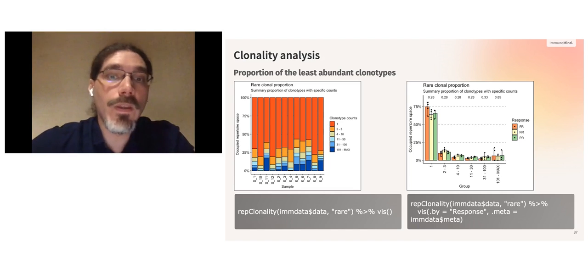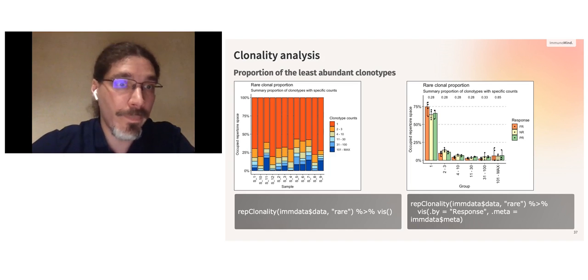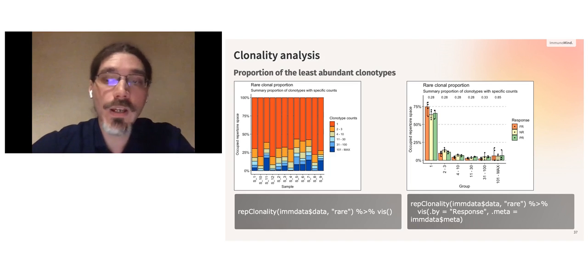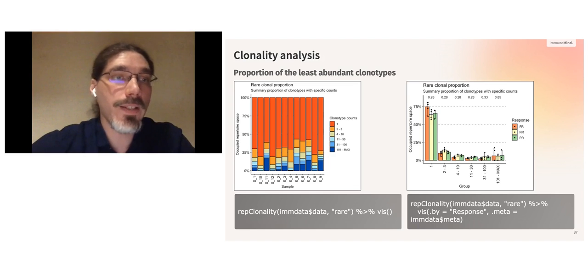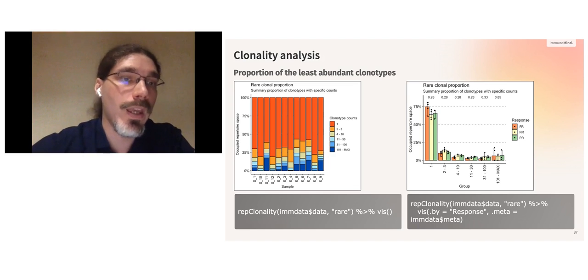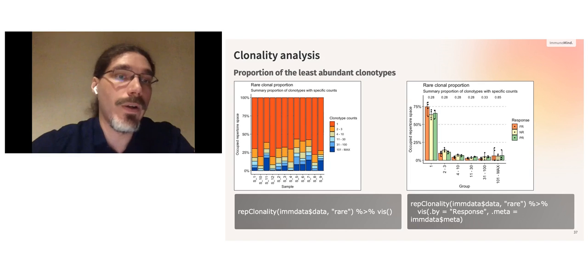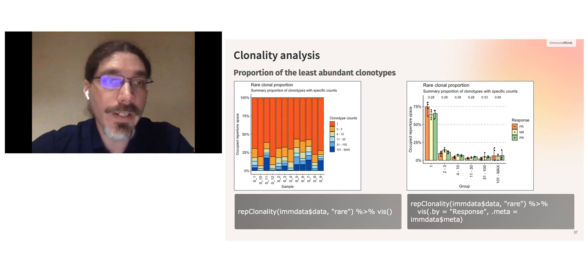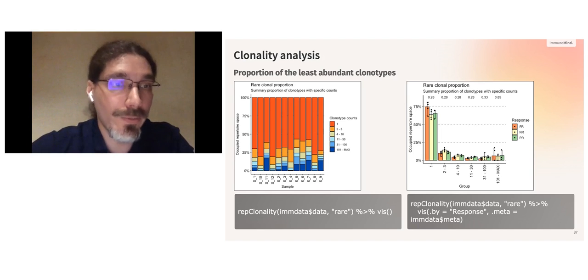So you encounter them in the sample only once, and sum up their abundance and plot it, and do the same for other clonotypes as well. So let's put together clonotypes with 2 or 3 counts, and so on.